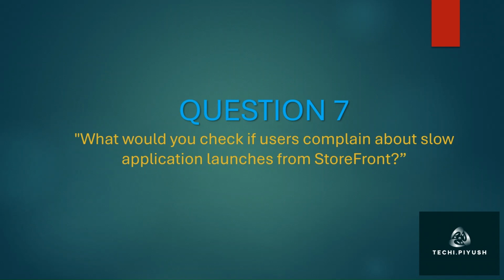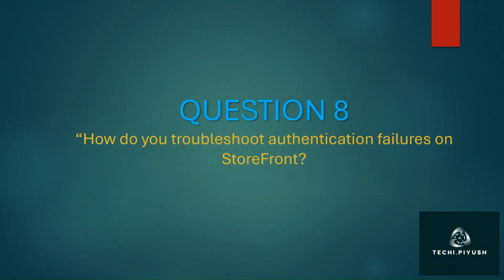If the server is overloaded or there is a delay in network communication, the launch will be slow. Then you can review any custom configuration you have in place. Sometimes these can slow down enumeration. And lastly, ensure the VDA, the virtual desktop agents, are healthy and able to communicate without issue. After reviewing all these things, you will be able to fix the slow application launch issues.